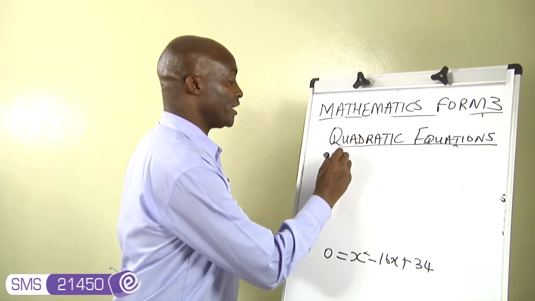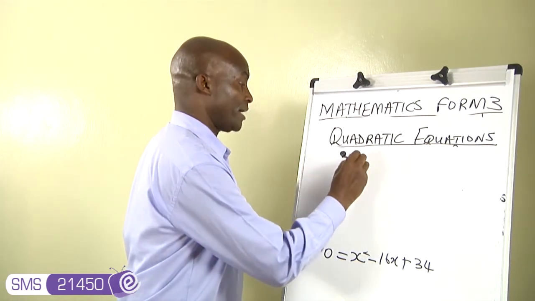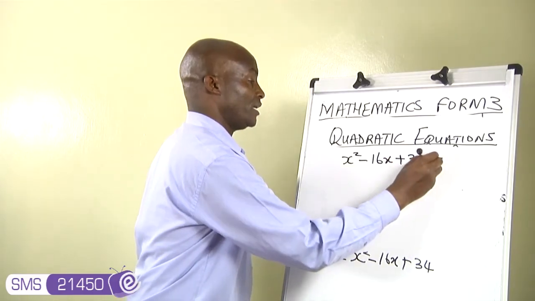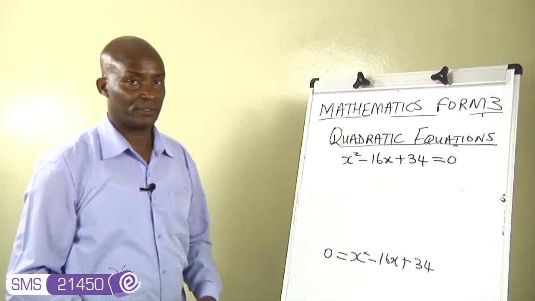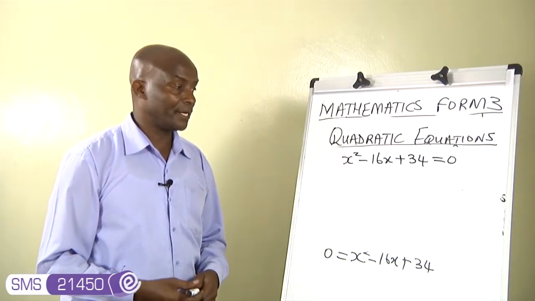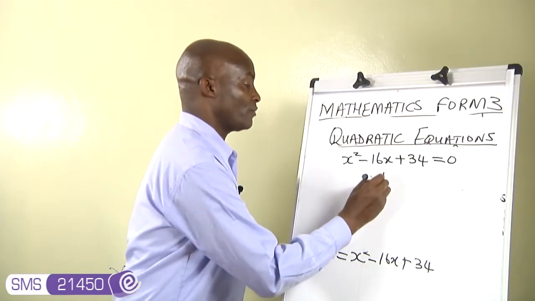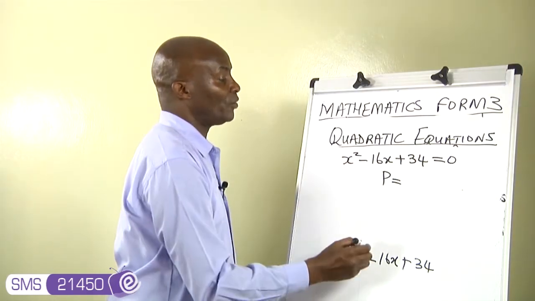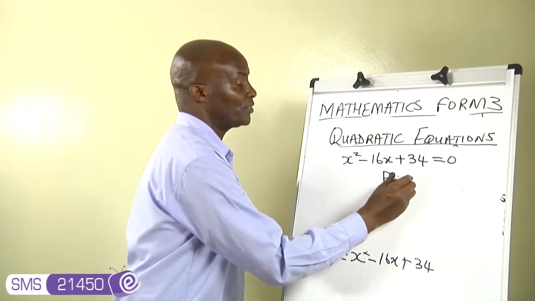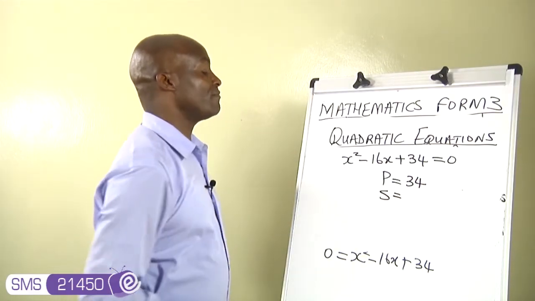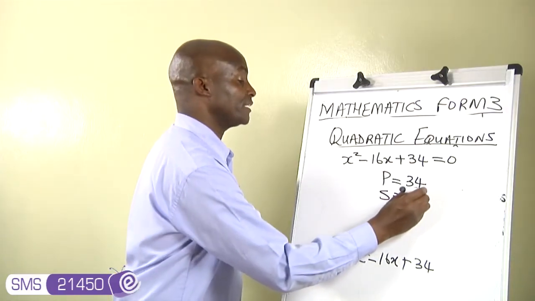So our equation is x squared minus 16x plus 34 equals 0. We can use the method of product and sum. The product is the coefficient of x squared times the constant, that is 1 times 34, which is 34. And the sum will give us negative 16.